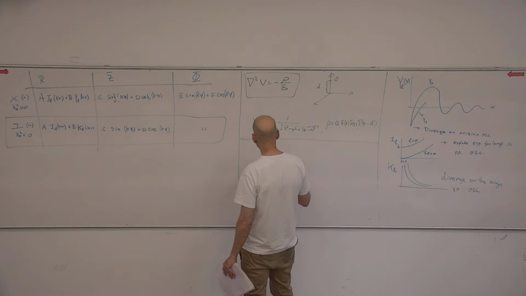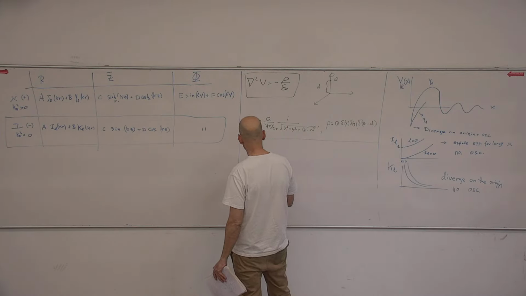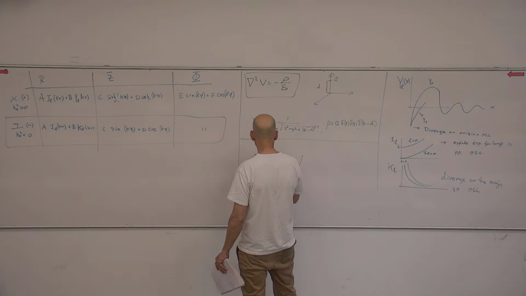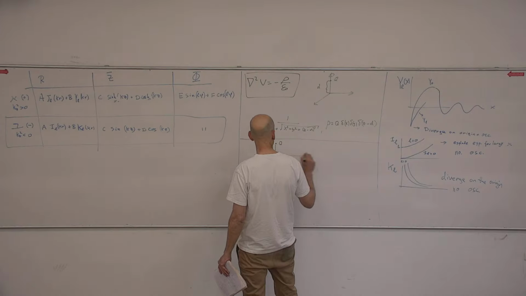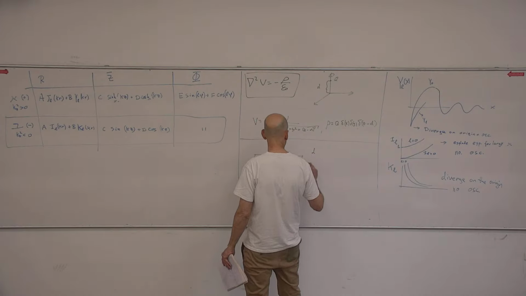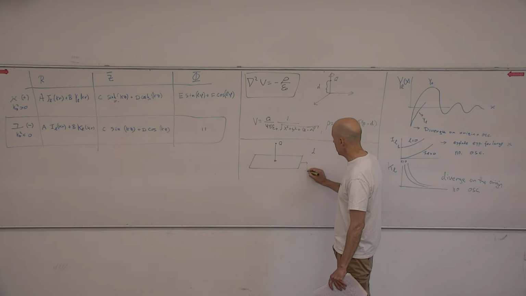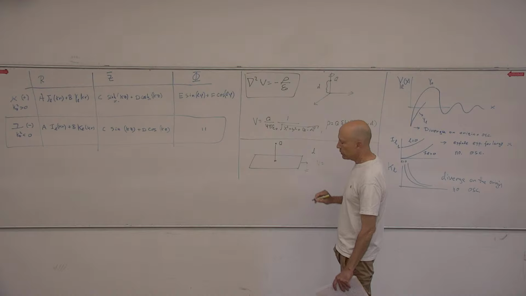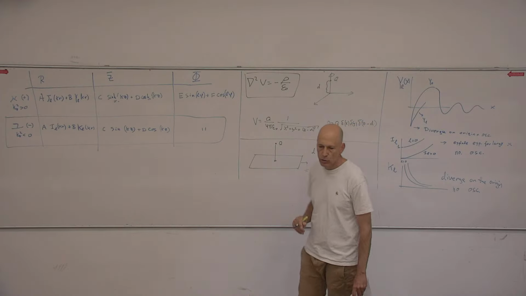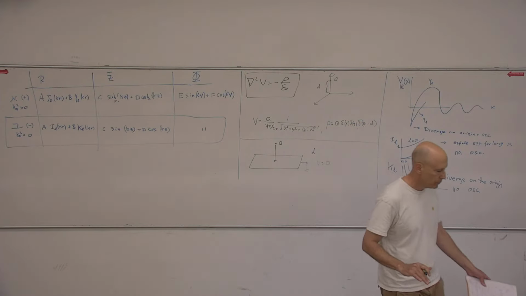We have an infinite surface and we have a charge here on top, and this is the distance d. And this infinite plane is equipotential and has the potential equal 0, so it's grounded.